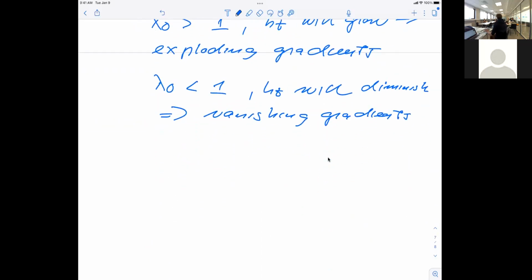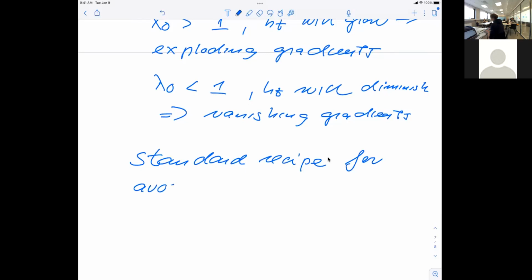And since you normally know that you can encounter this type of problems, there is a standard recipe for avoiding the exploding gradients. So the standard recipe, I just wanted to mention that. It's very ad hoc for avoiding exploding gradients.